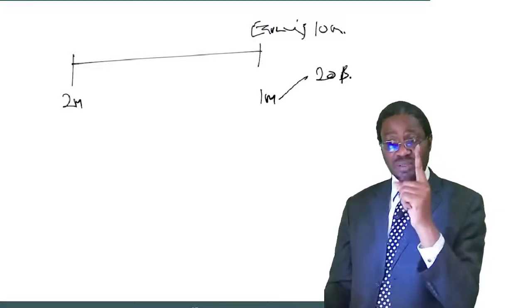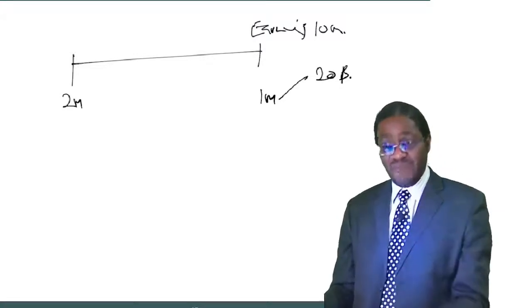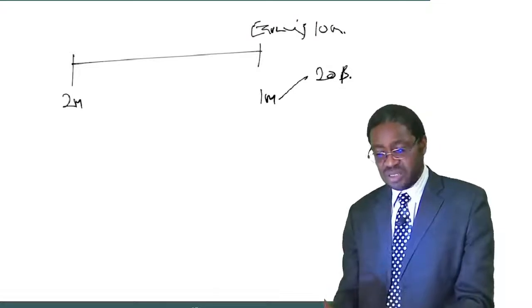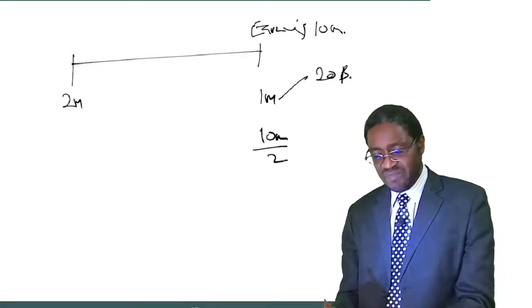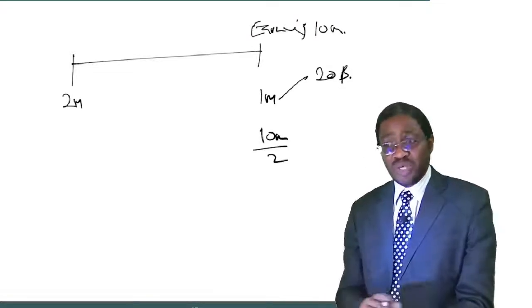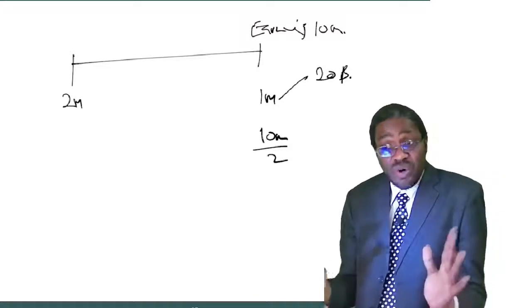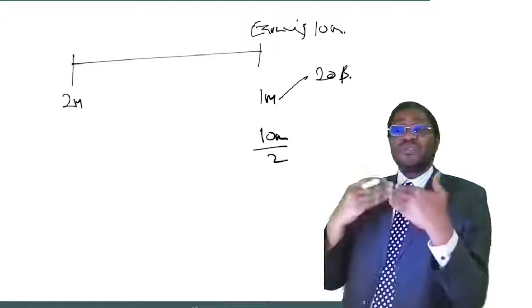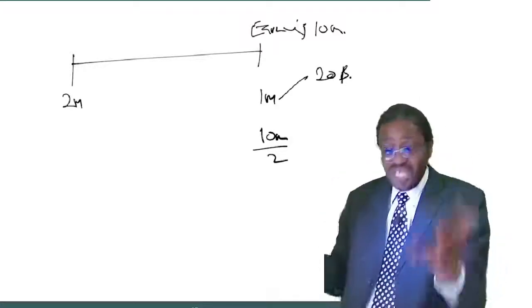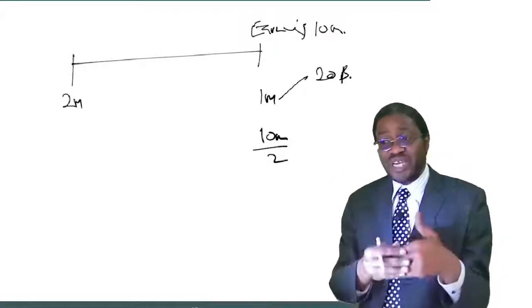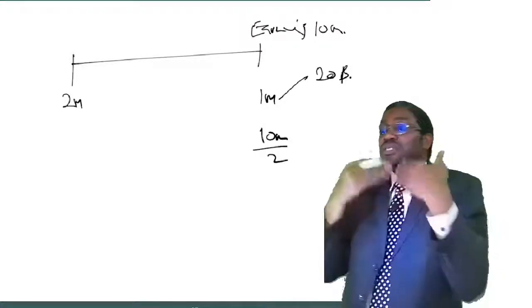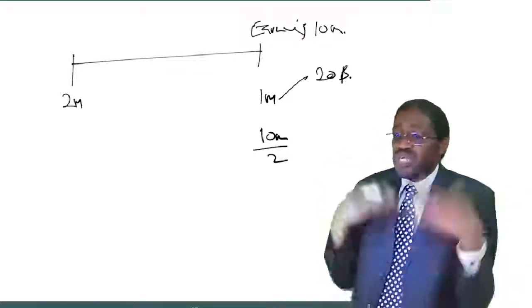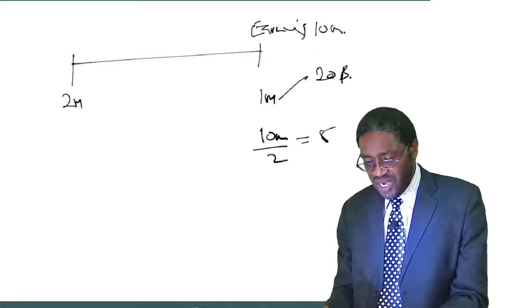Now listen. Our basic is 10 million divided by 2, because there are no shares that have been issued. We are only promising the managers, if the market price goes up to 20 shillings, we shall give you 1 million shares. Or we are telling them, if our profits exceed 10 billion or 20 billion, we shall give you 1 million. So basic is 5. Listen now.